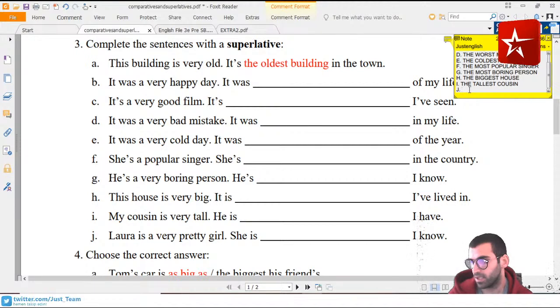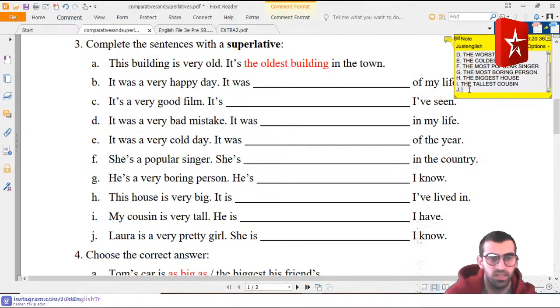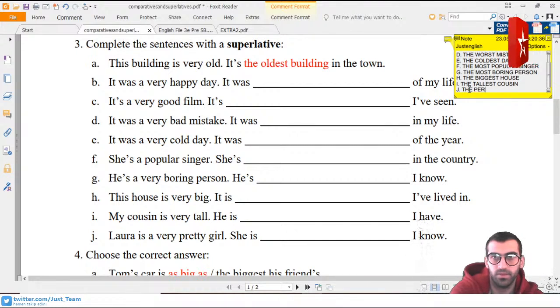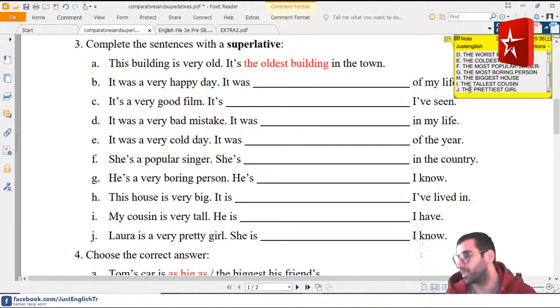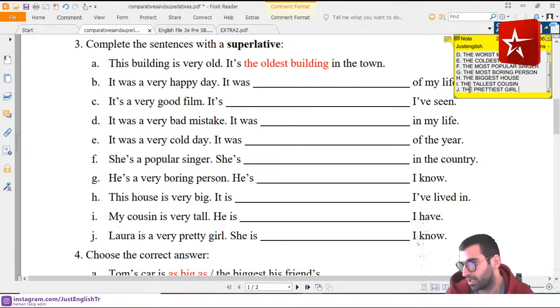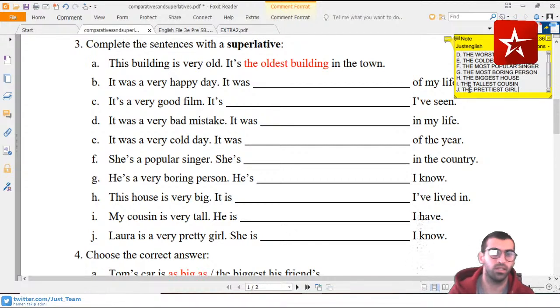So we will see if your answer is correct or not. Yeah, okay, your answers, like who wrote the prettiest girl I know. Yes, prettiest girl I know. The prettiest is a correct answer for J.